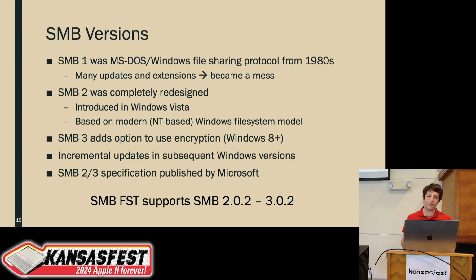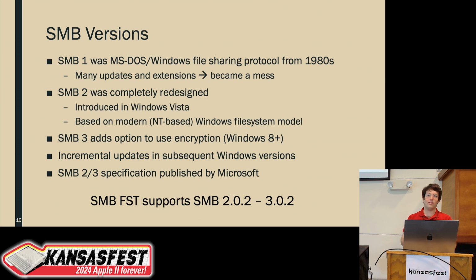There have also been other incremental updates in subsequent versions of Windows, but basically all the SMB2 and 3 versions are essentially one protocol family with fairly minor variations. Microsoft has published a specification for how these protocols work, which was not always the case with previous SMB protocols, but they have it now.